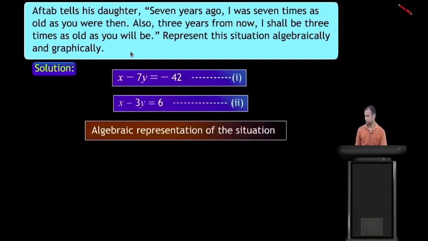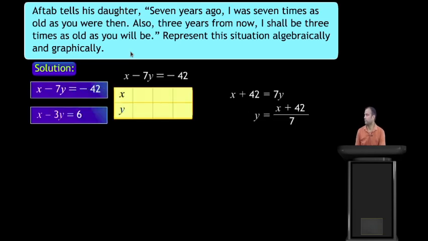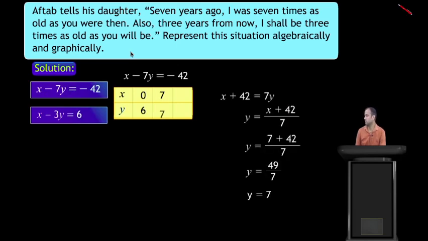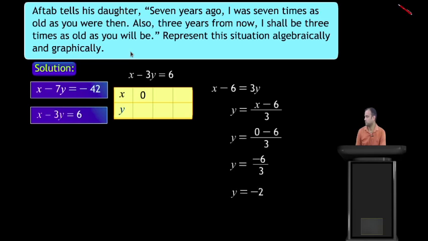So now we have two equations and can show them graphically also. We can put values: x equals 0, then 6; x equals 7, then we will get 7; and 0, we get minus 2.